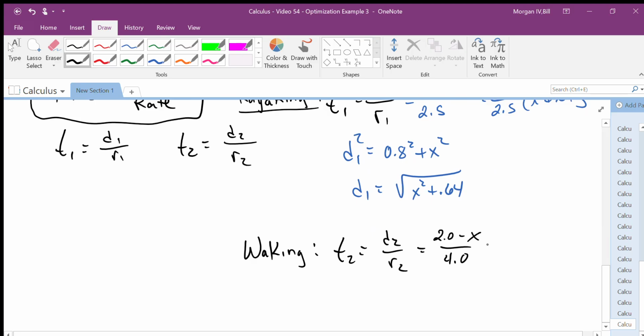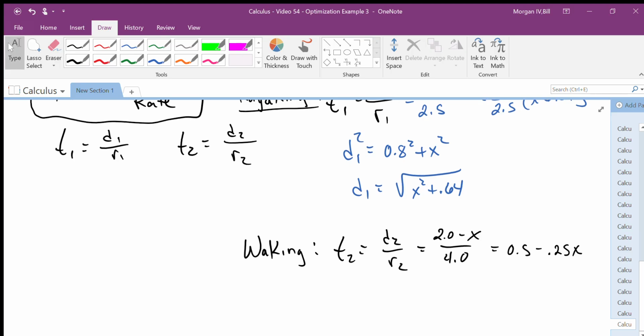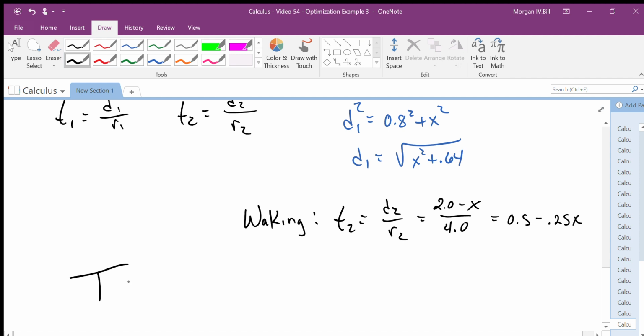Or if you write it out, 2.0 divided by 4.0 is 1/2, or 0.5, minus 1 divided by 4 is 0.25x. So 0.5 minus 0.25x, that's time 2. Okay, so overall time it will take us is time 1 plus time 2.